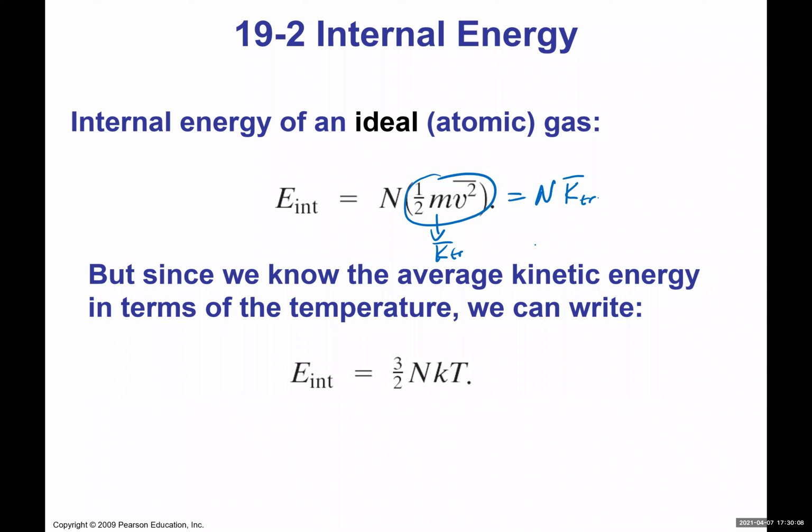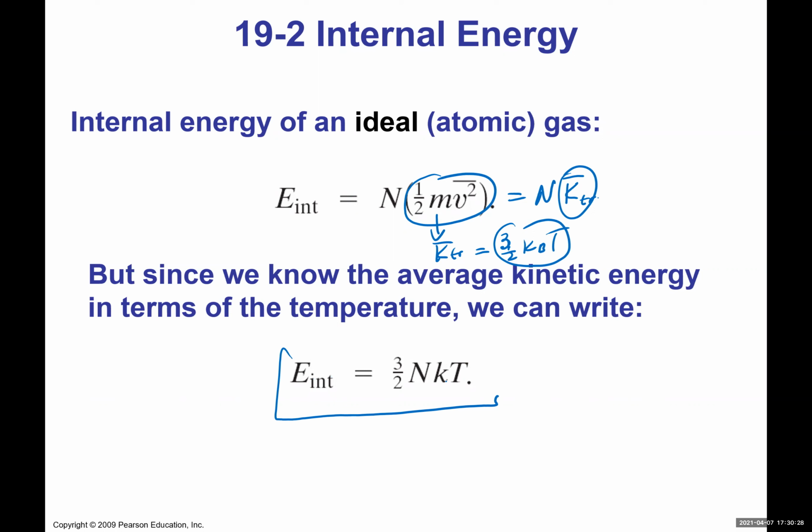But we also know that average translational kinetic energy equals 3 halves kBT. If I replace this with 3 halves kBT, then internal energy equals N times 3 halves kBT, or 3 halves N kBT.